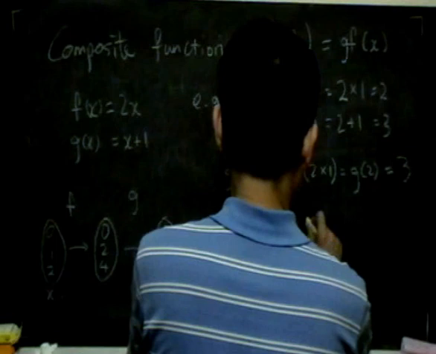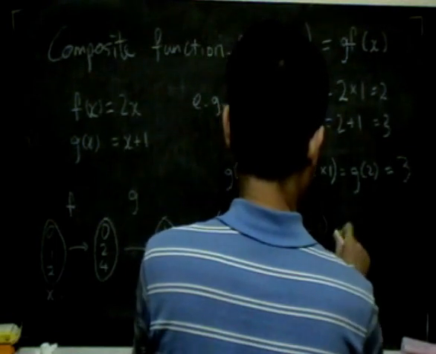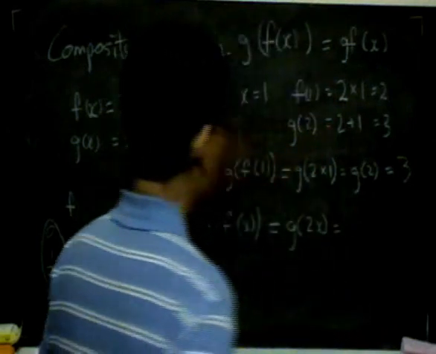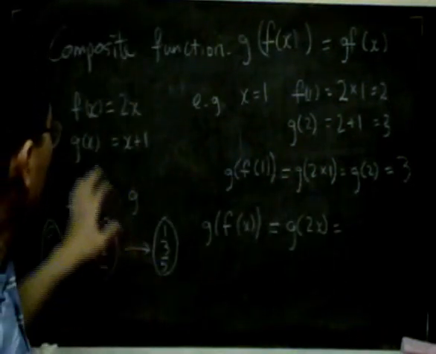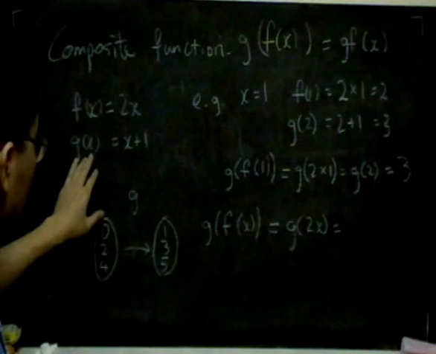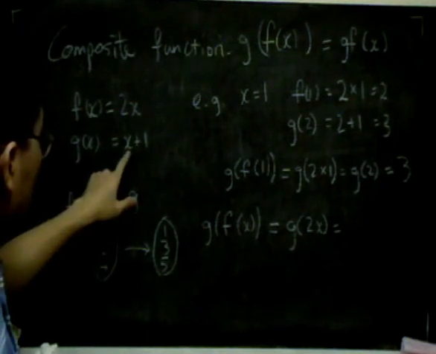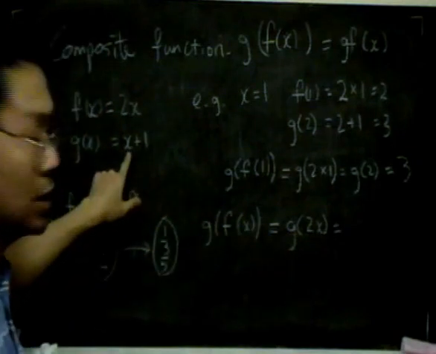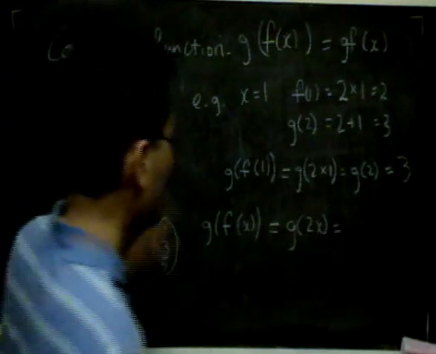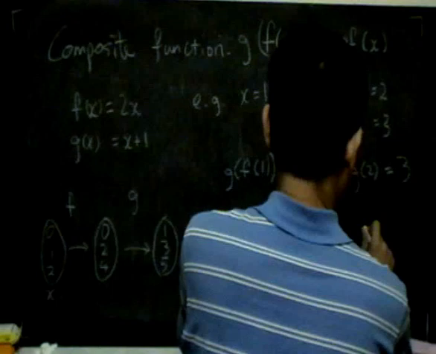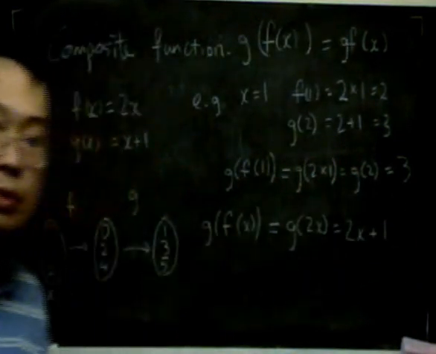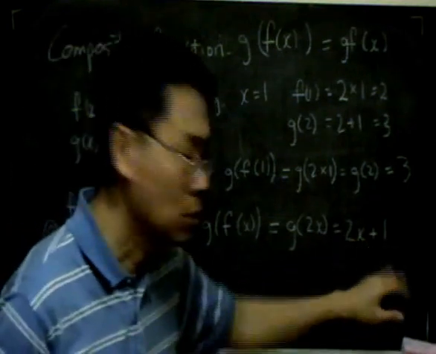So that would be g of 2x. Now we look at the formula for g of x equal to x plus 1. So x is now 2x, so I substitute 2x into the x here. That gives 2x plus 1. And that's the formula for gf of x. That would be 2x plus 1.